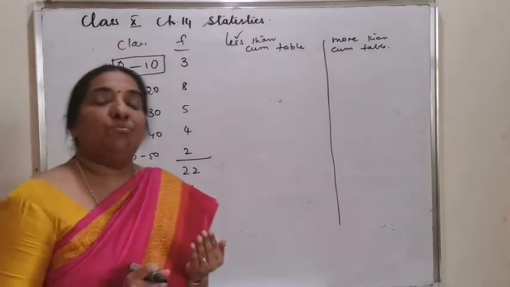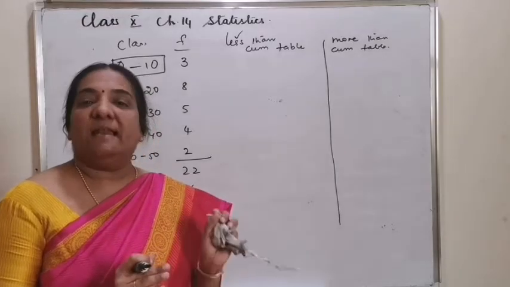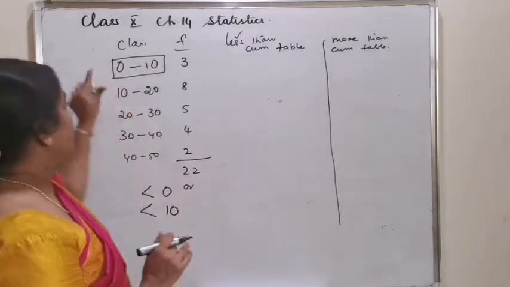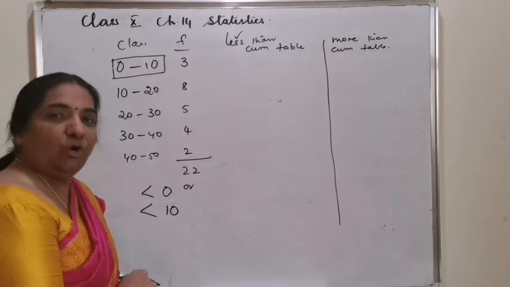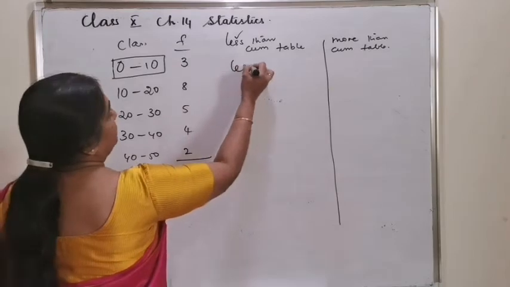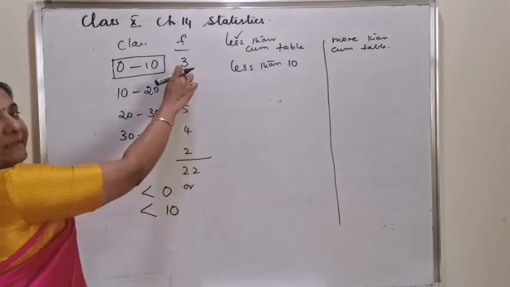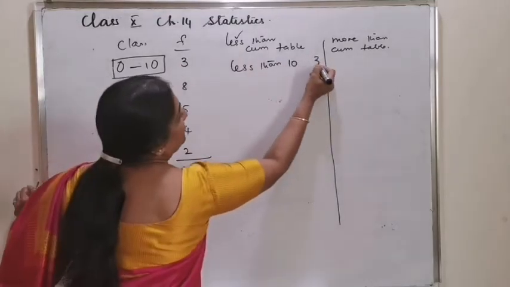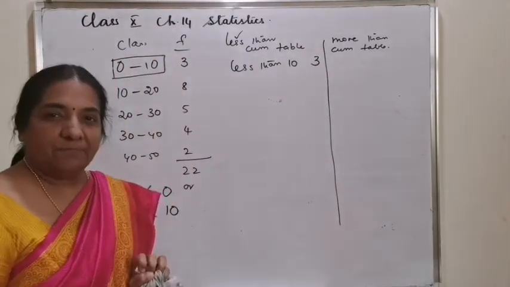Which is most sensible? The most sensible is less than 10, because less than 0 there is no frequency at all. That means less than 10. How many are there? There are 3. Whatever be the content there, the frequency is 3.